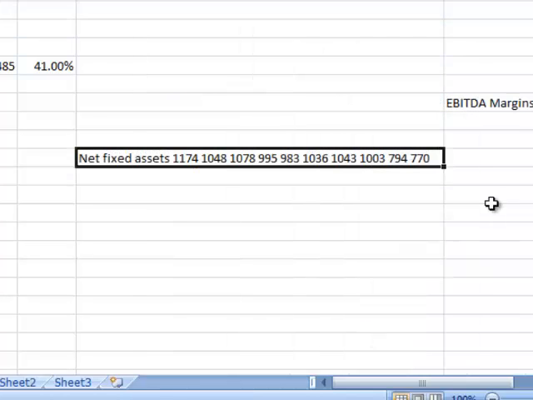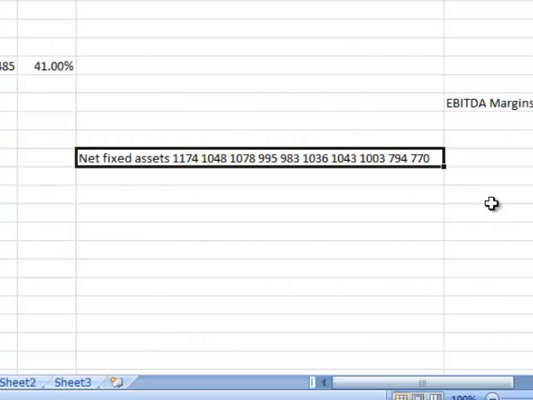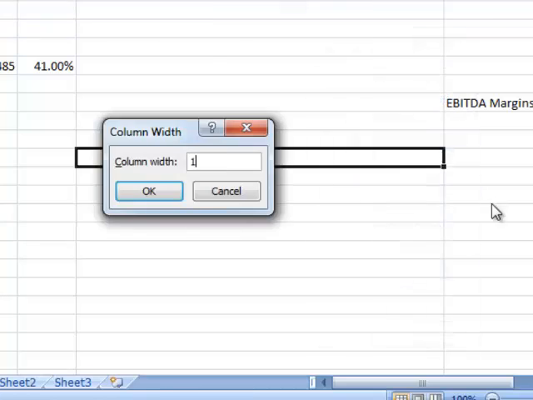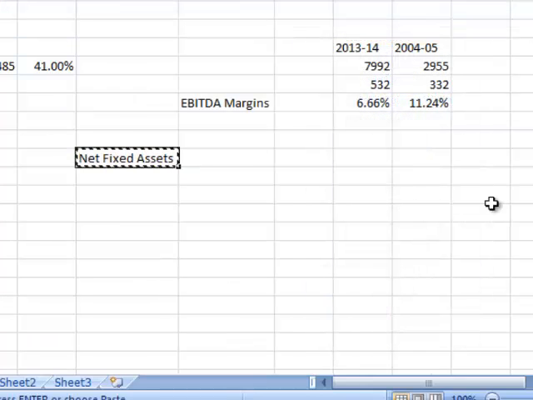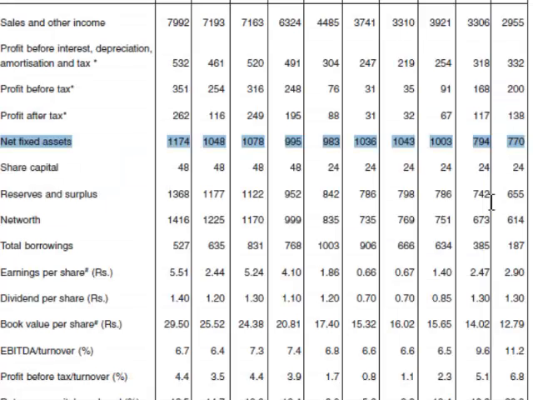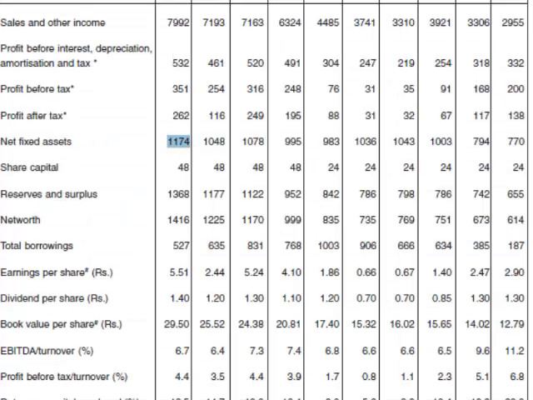In 2013-14, the size of fixed assets is 1174. Okay, so let's have that number here. And in 2004-5, it was 770.